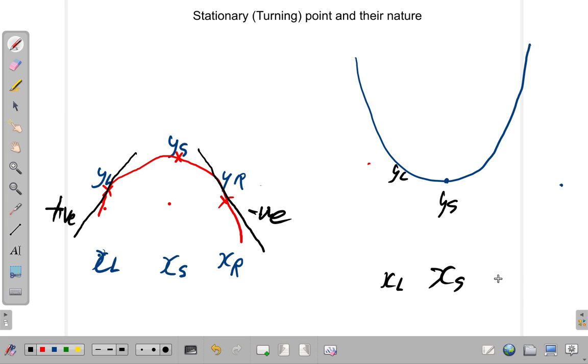And you choose a point to the right and you say this is x right, and you calculate the value of y for that value of x, and you find out that it is y right, and it is higher than what you had at the stationary point. Then what you would get is a minimum point. Alright, that would be a minimum point.